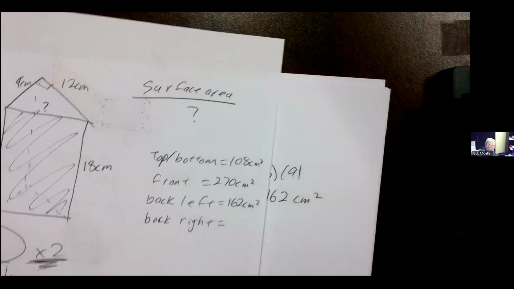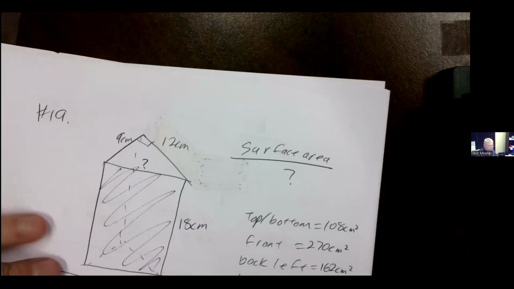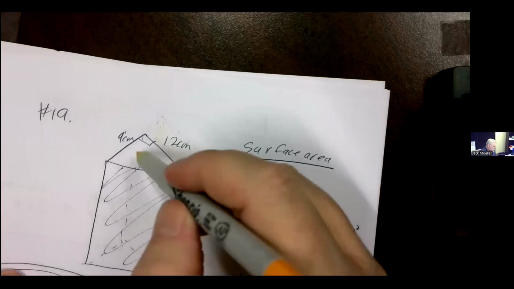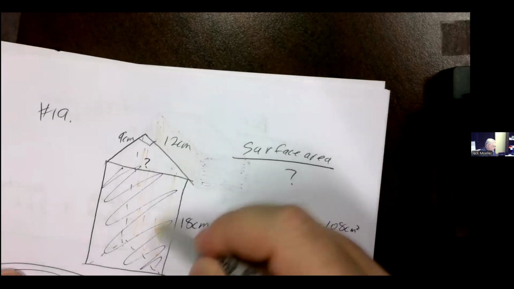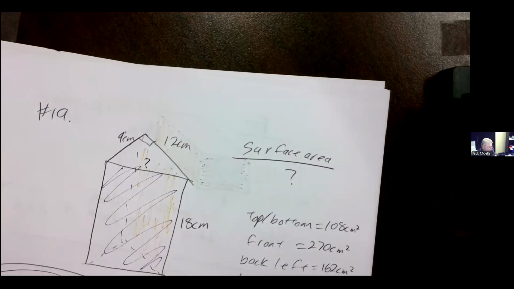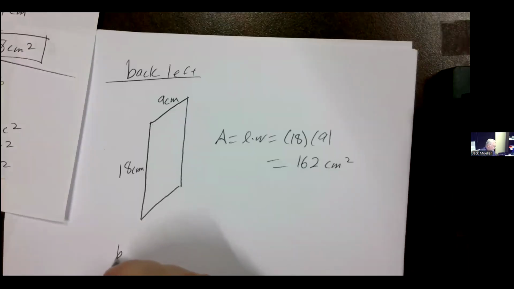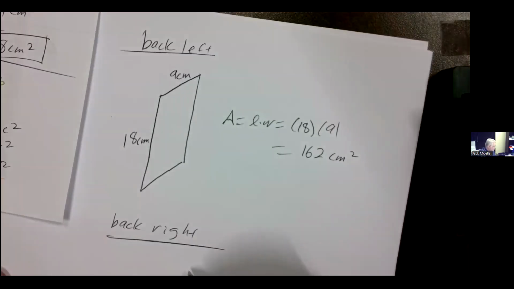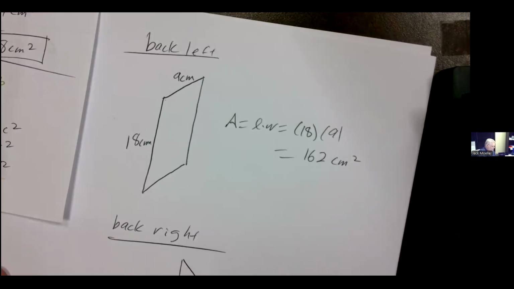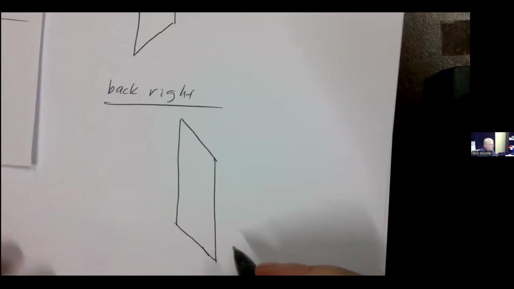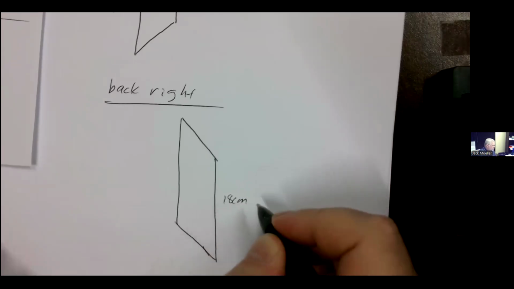And then the back right. So the back right is going to be that shape. So let's draw that rectangle. It's going to look like another parallelogram. Keep the orientation the same. All right, so what do we know? We know that's 18 centimeters high.